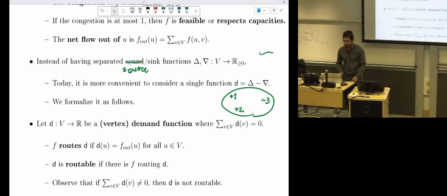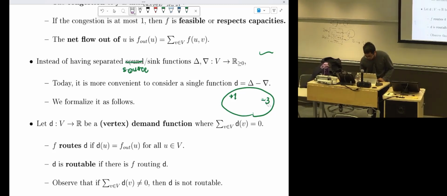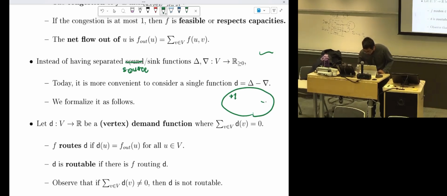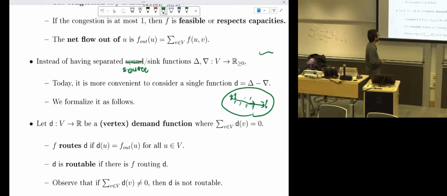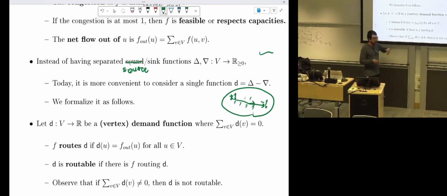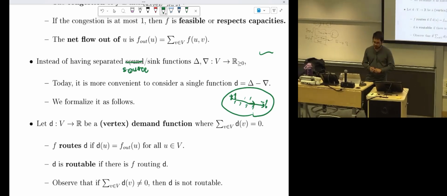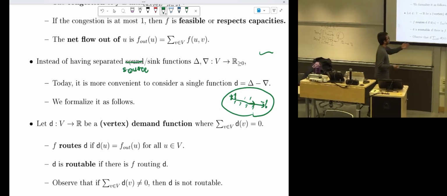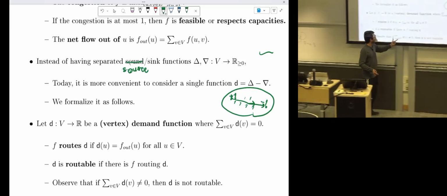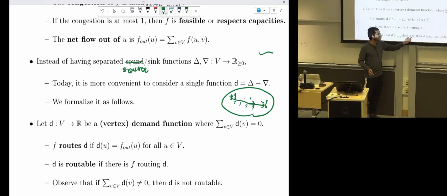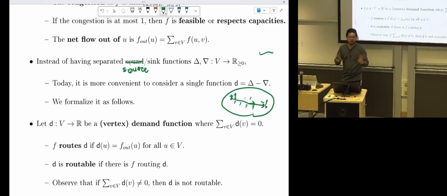Okay, so for example, if this is -1, then a path like this, where I put value 1 on every edge here, is the flow that routes this demand. And the demand is routable if there is a flow that routes it. Okay, and you see why I need this, right? Because if the total demand is non-zero, then it's just impossible to route.